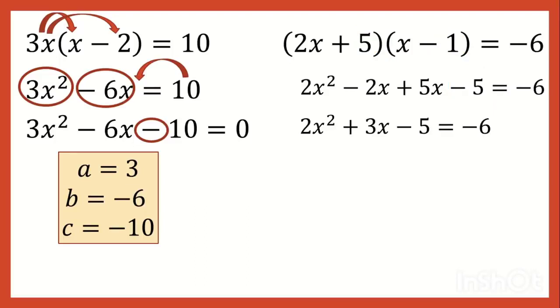So we will now have 2x squared plus 3x. Bakit? Kasi meron tayong negative 2 and positive 5. So, magiging positive 3x. So, bakit positive 3? Because the absolute value of 5 is bigger than the absolute value of negative 2.